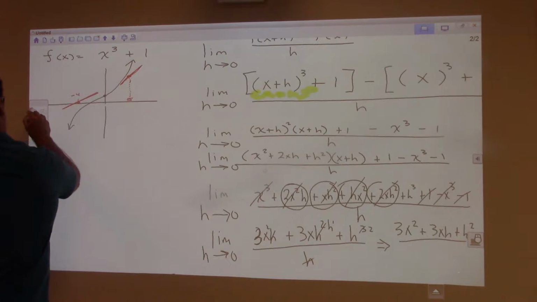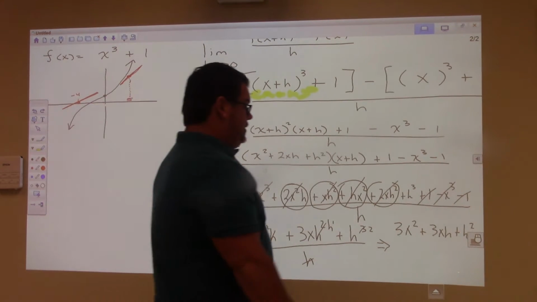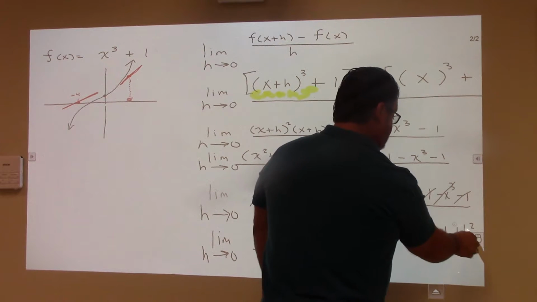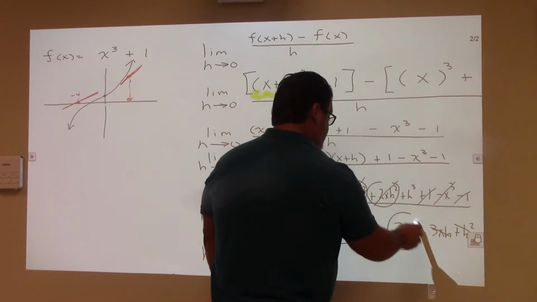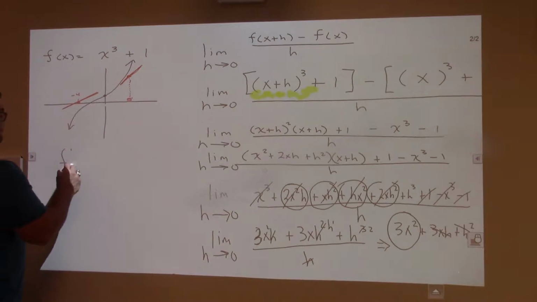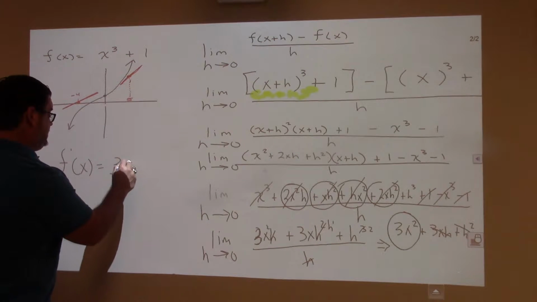Sorry. And what happens when you plug in that 0? That 0 is going to take this out, and it's going to take this out, so you're left with what? F prime of x is equal to 3x squared.